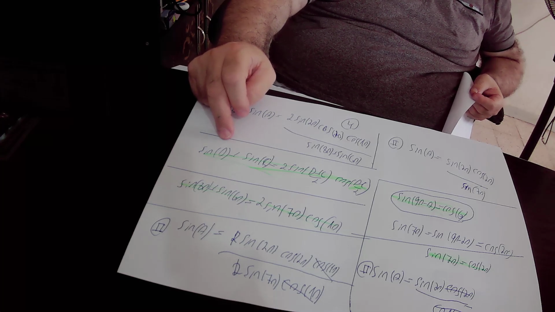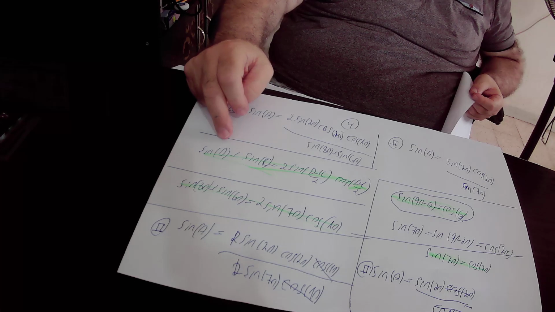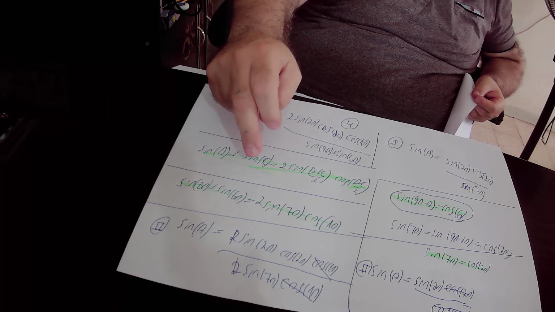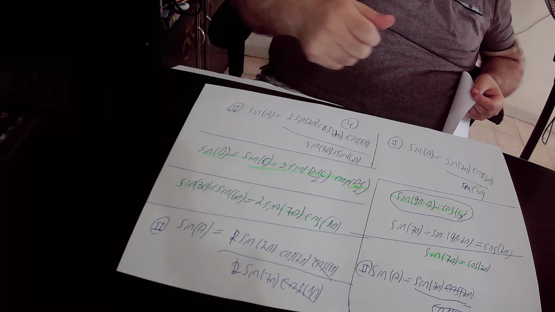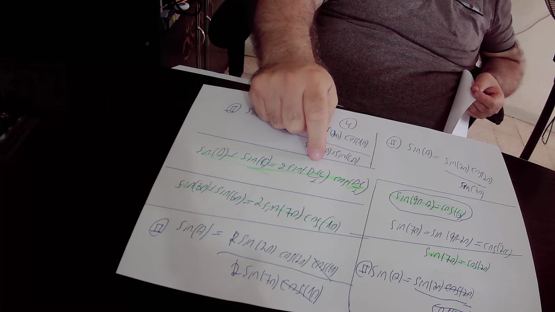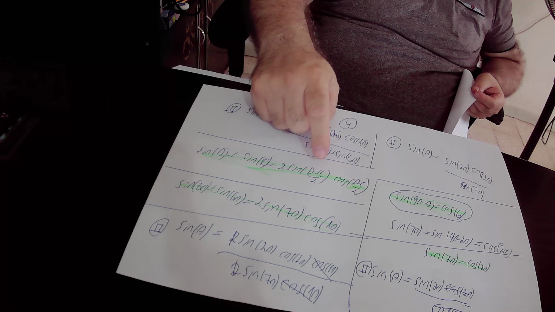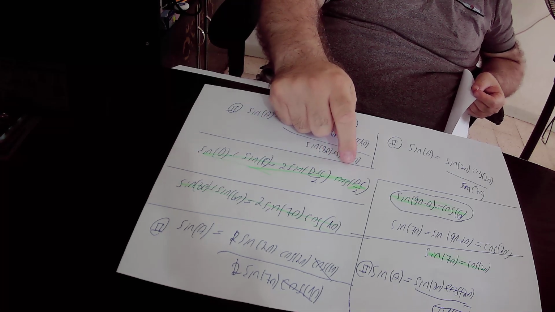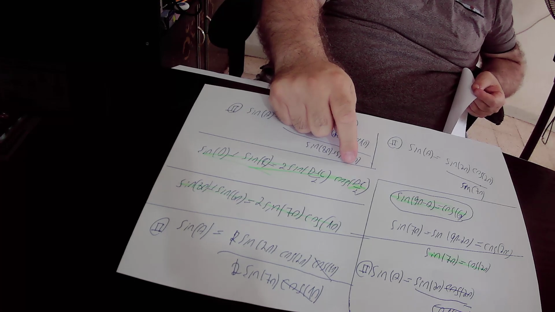According to this identity, sin 80 degrees plus sin 60 degrees equals 2 times sin of (d plus c) over 2. D plus c is 80 plus 60, which is 140, and 140 over 2 is 70, times cos of (d minus c) over 2. D is 80, c is 60, so 80 minus 60 is 20, and 20 over 2 is 10.